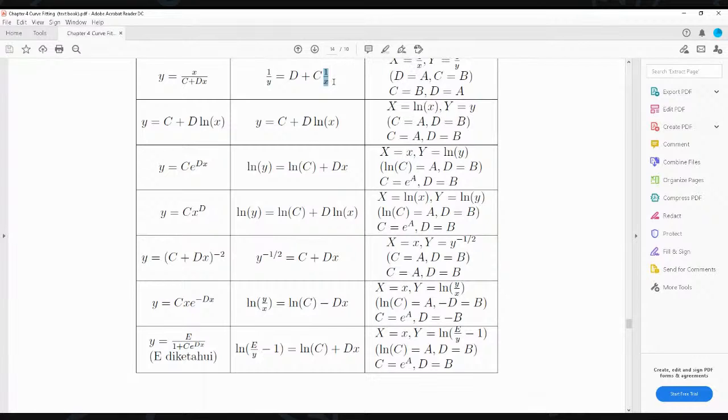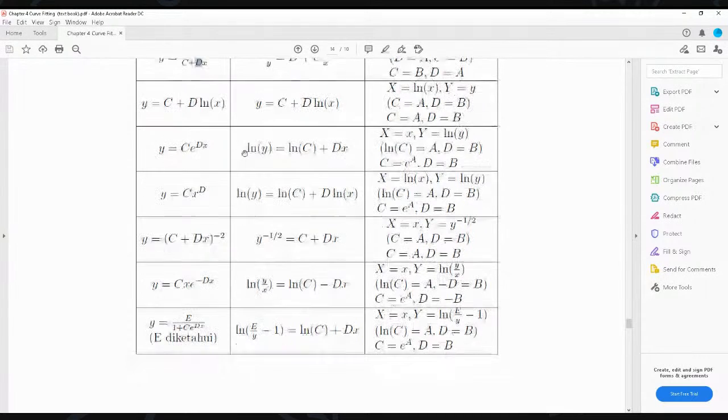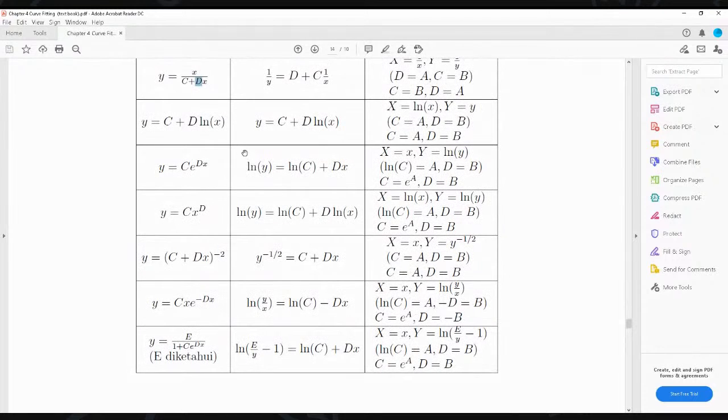matrix form to find what a and b are, and then transform to the original y equals a plus bx after knowing the value of a. After knowing the values of c and d, you will get the summation error, and whether you reduce it or maintain it depends on whether you want to use linear or quadratic.